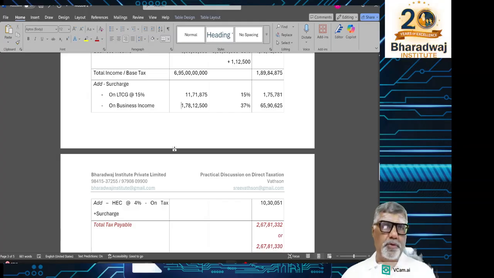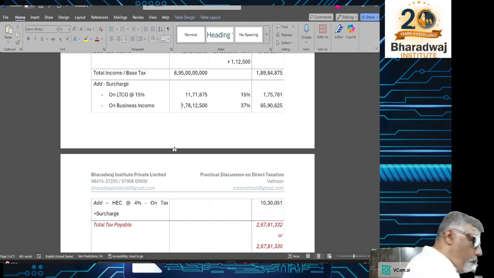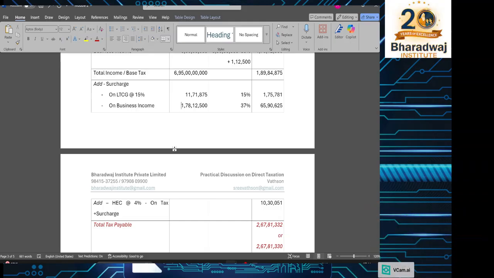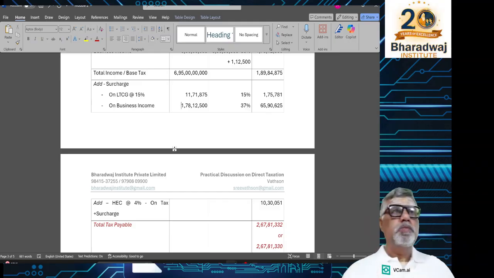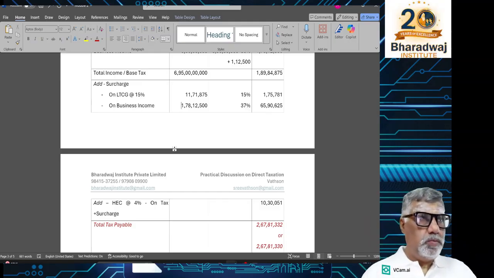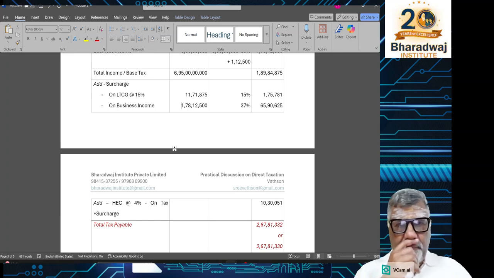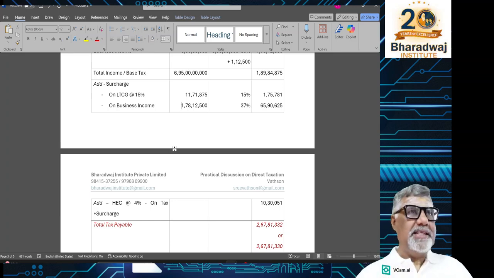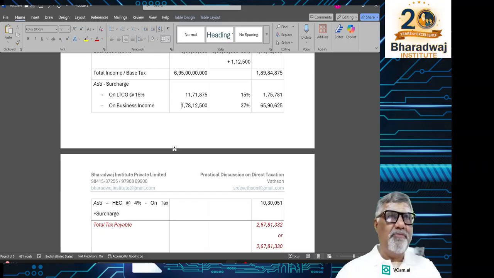Is this coming free? If there is any computation mistake, let me know. Which one?